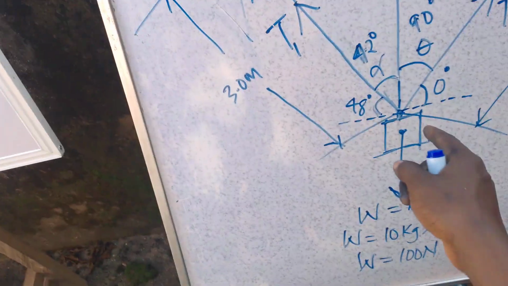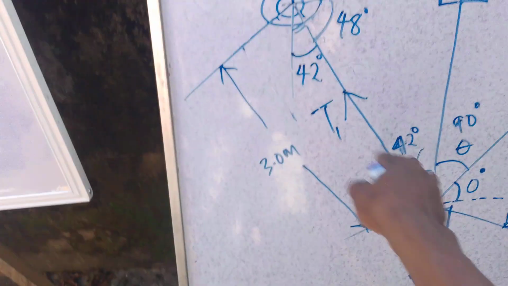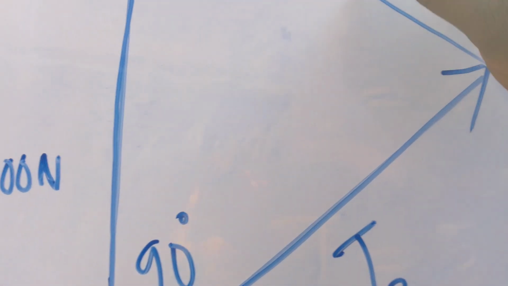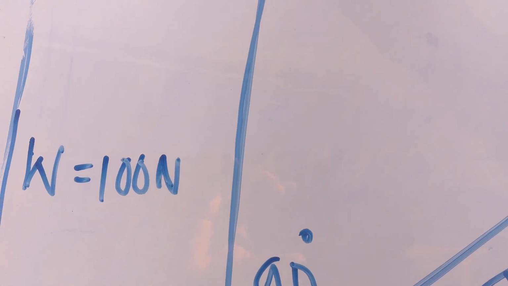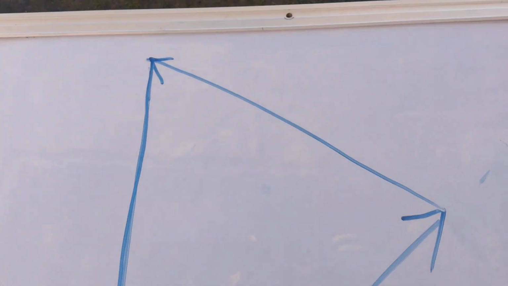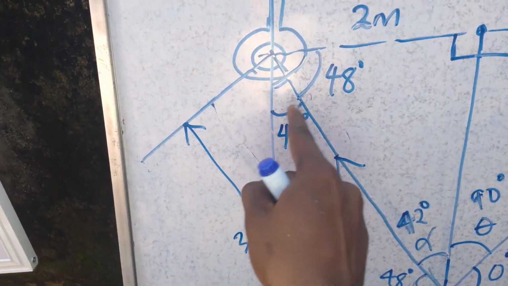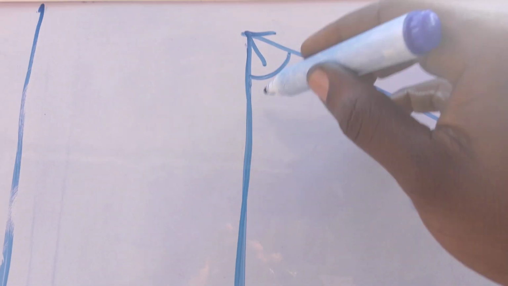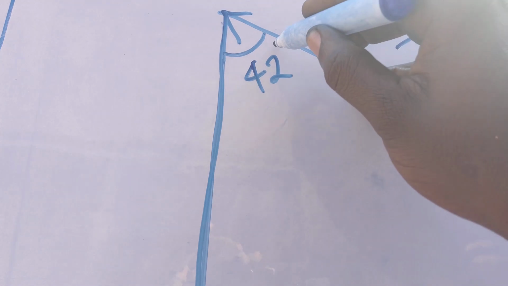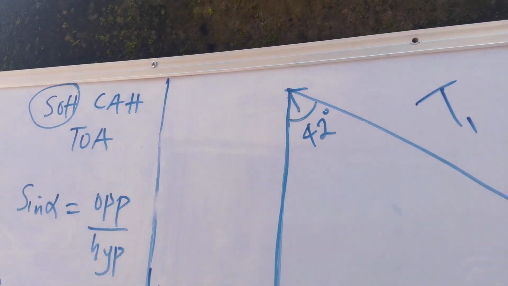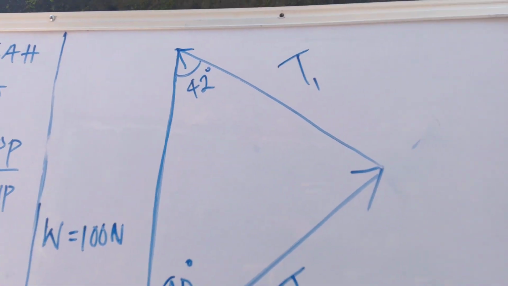Then we can take this section out. If I take that section out, I will extend it here. Call this T1, and if you observe, the angle at this point is 42 degrees. So I'll take it and incline it there, 42 degrees.